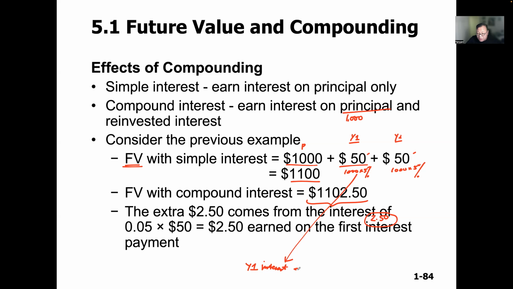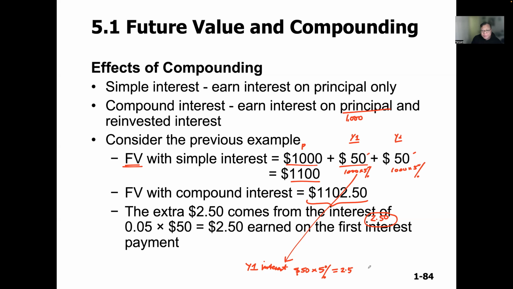So this $50, okay, will earn 5% for year two. So for the second year, this $50 interest you earned from year one is reinvested, and it is earning interest in year two. So 50 times 5%, that's the $2.5, okay? So I hope this makes sense.